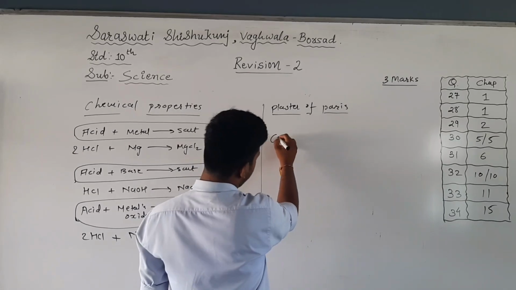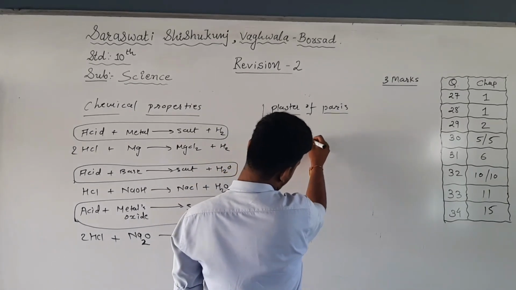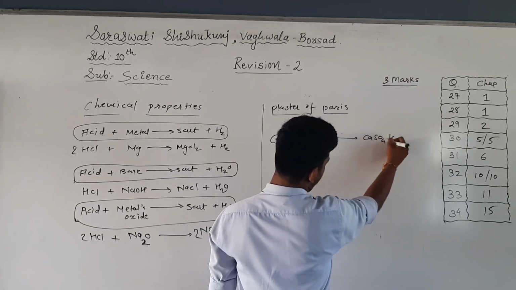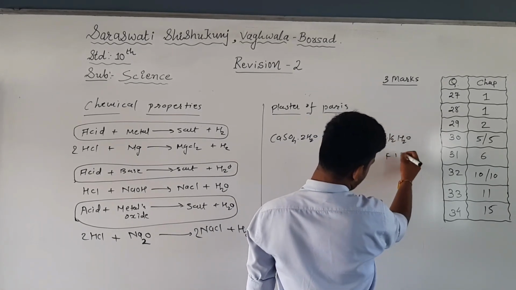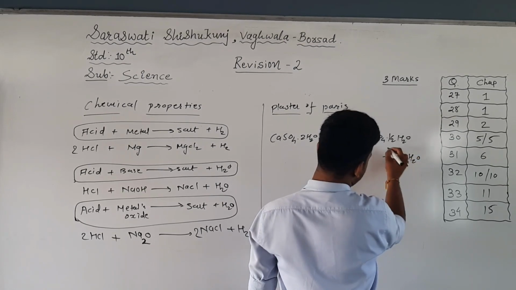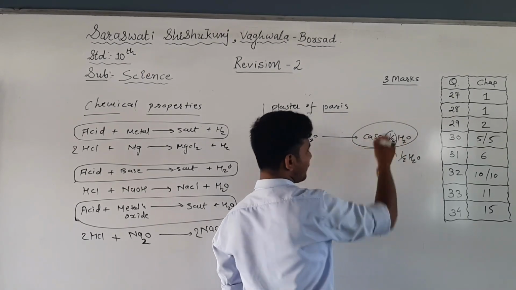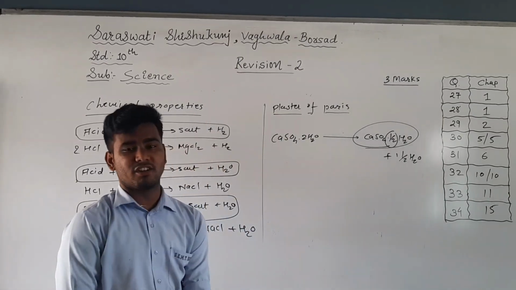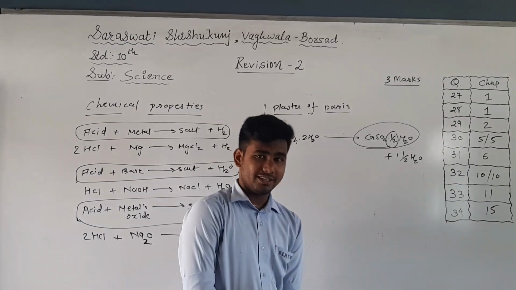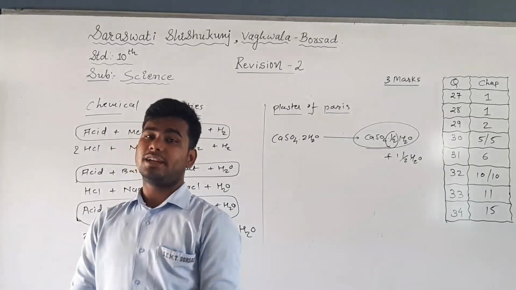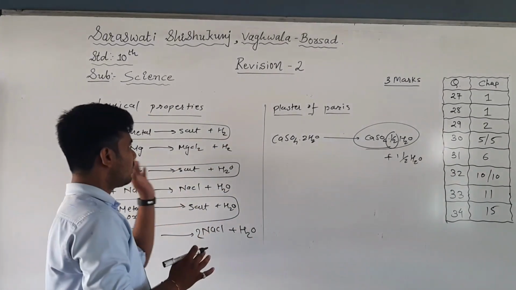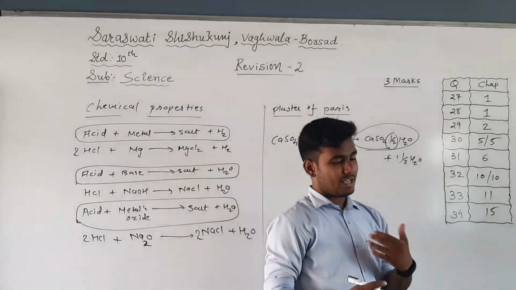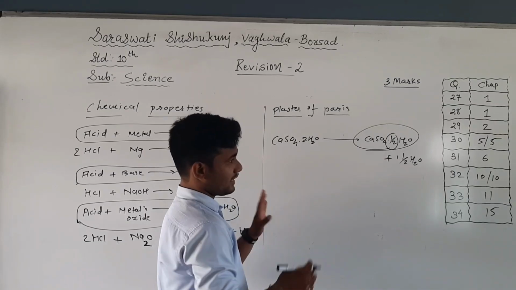So we can say gypsum, CaSO4 into 2H2O, breaks down into CaSO4 into half H2O plus 1 and a half H2O. This is calcium sulfate hemihydrate. Then the preparation and uses of plaster of Paris: it is used in making idols, in making toys, and it's used by doctors. This way, these are the questions in number 29 from chapter number 2, which can be asked to you in 3 marks.